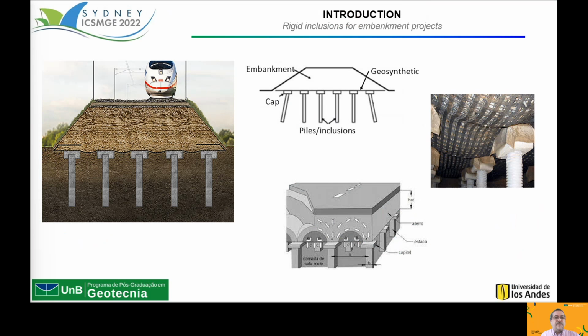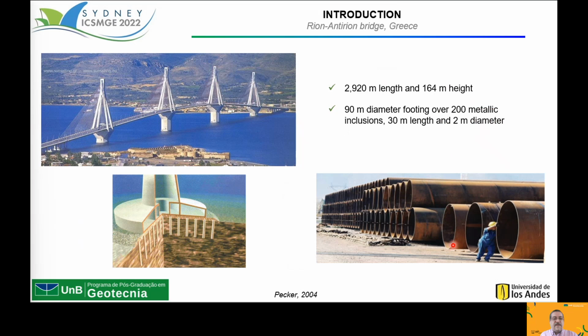Commonly, rigid inclusions are employed for the reinforcement of the foundations of embankment projects. These embankments are commonly formed by granular soils, and they are reinforced by geosynthetics. Nowadays, this type of foundation is also employed for many kinds of structures.